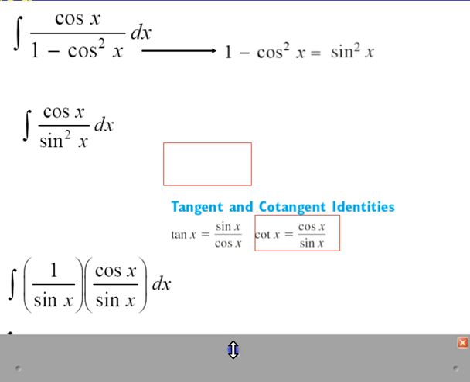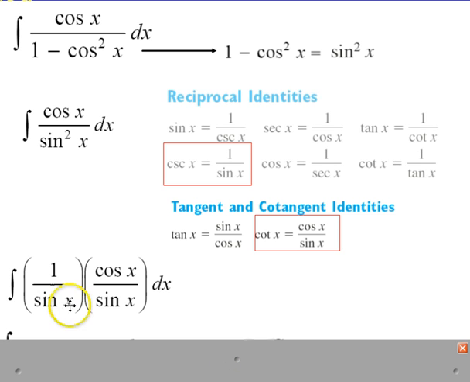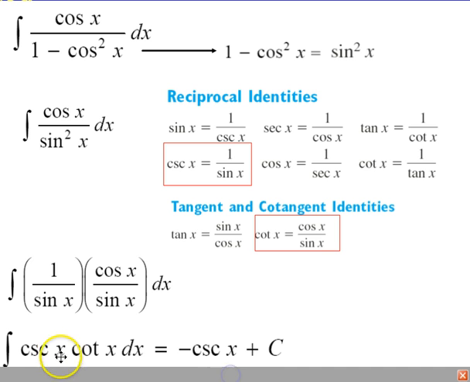1 over sine of x, what I had remembered from my reciprocal identities, is cosecant x, and cosine over sine x from my tangent and cotangent identities is cotangent x. So what that gives me is cosecant cotangent.